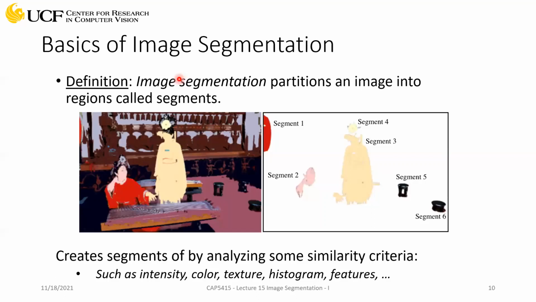So let's try to understand how it works when we look at the image itself. Let's try to understand the basics. As I said, when you're doing image segmentation, you're trying to partition the pixels into different groups or different segments. For example, if you look at this image, and let's say we have an algorithm which can perform image segmentation, then it might give you something like this. All right.